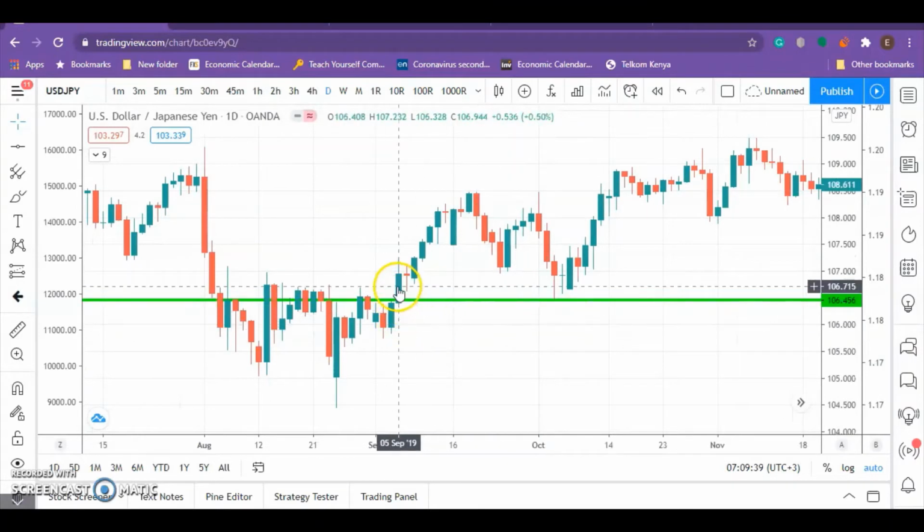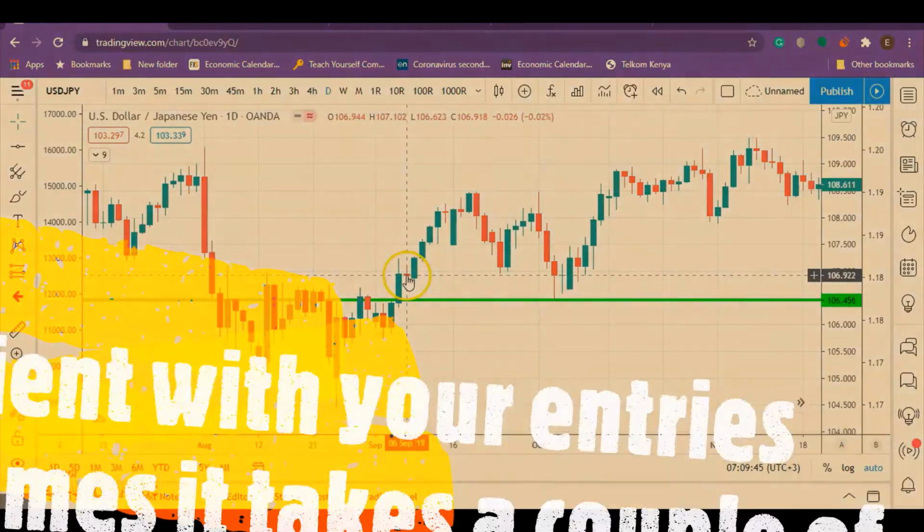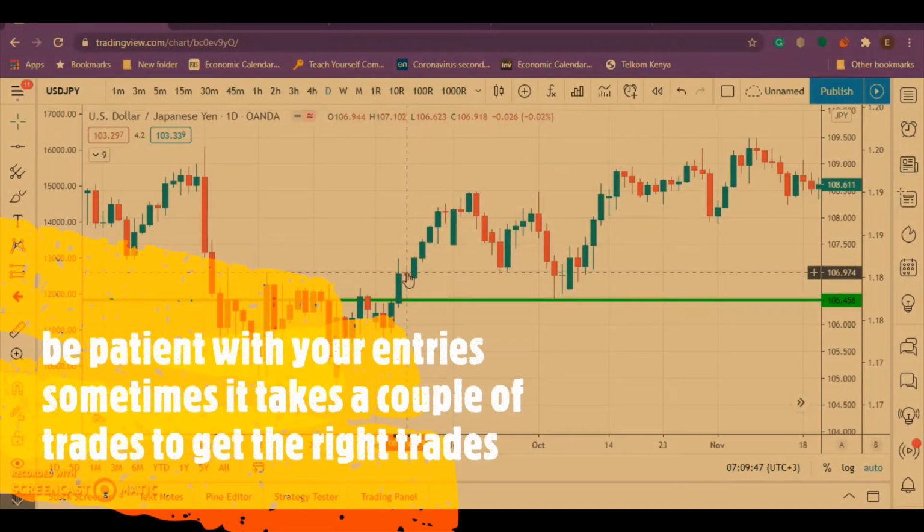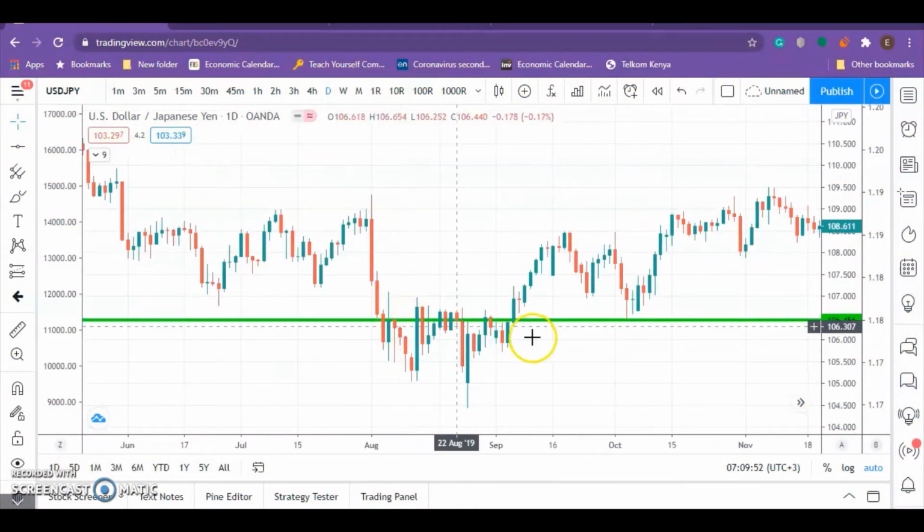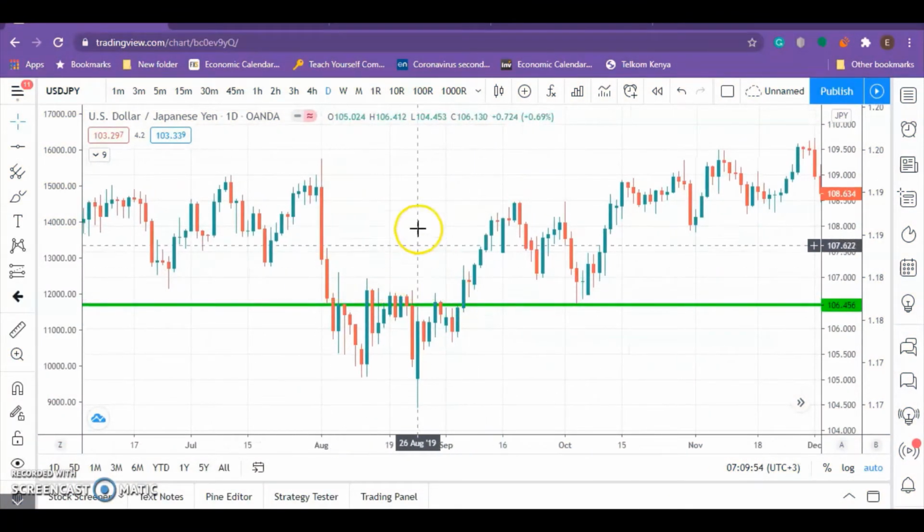If I missed this candlestick at the close of it, I would have placed at the end of this candlestick here, or at the open of this candlestick here. So essentially that's what a breakout is.